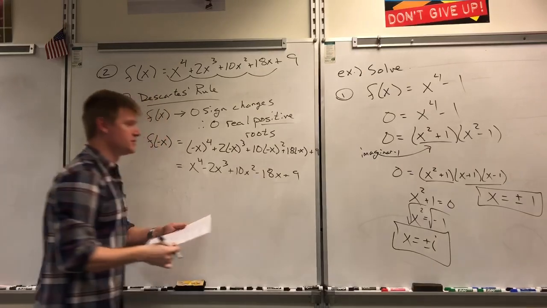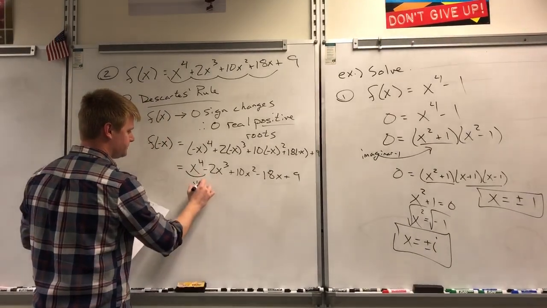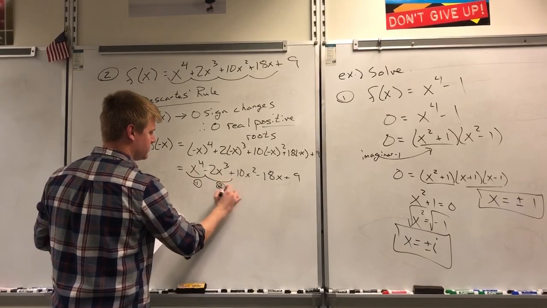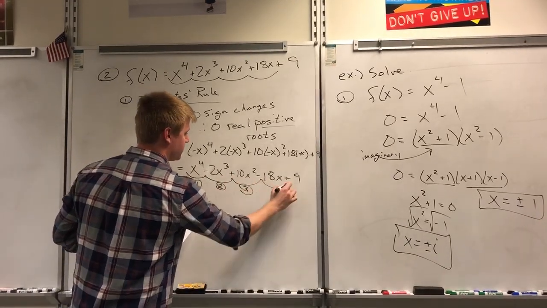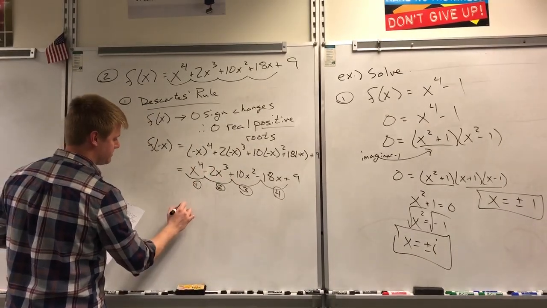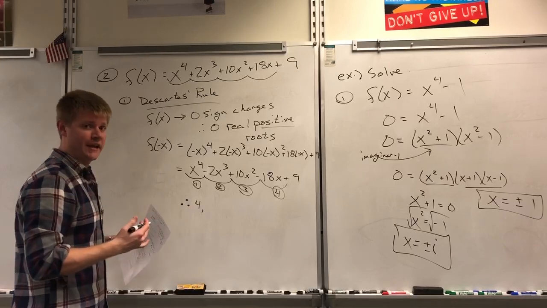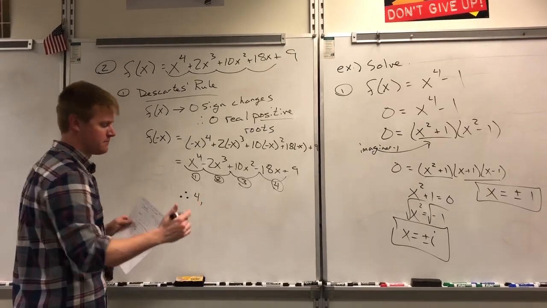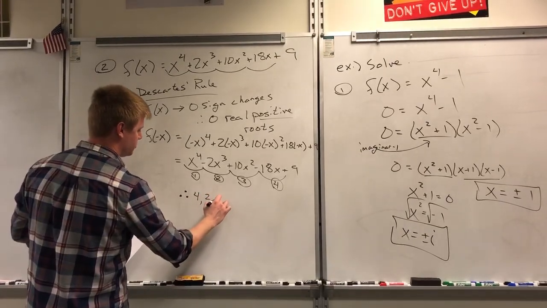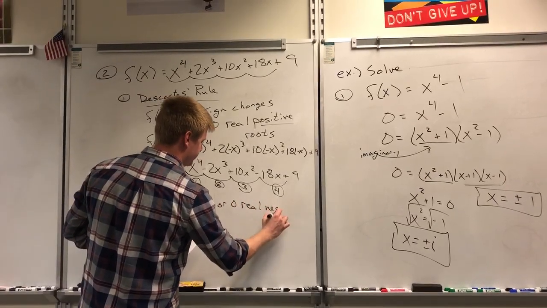So now you can see we do have a bunch of sign changes happening here. There's 1, 2, 3, and 4. So remember what this tells us. 4 sign changes implies that we will get 4 possible real negative roots or an even number less. So that could be 4, 2, or 0 real negatives.